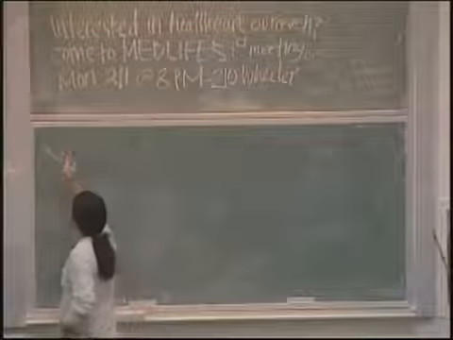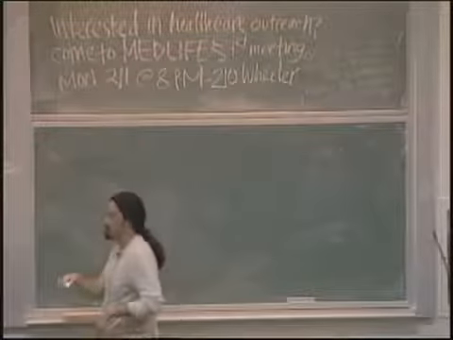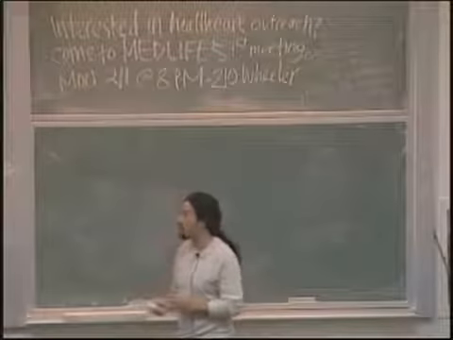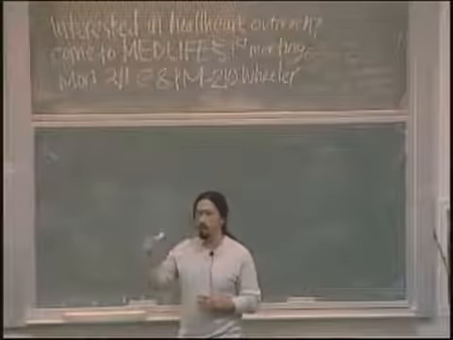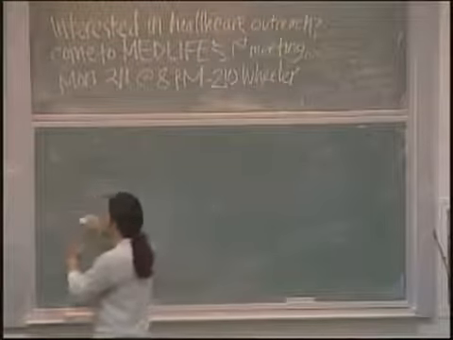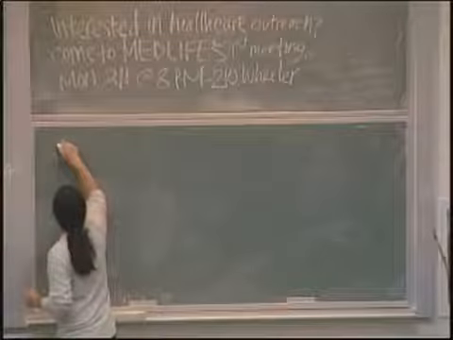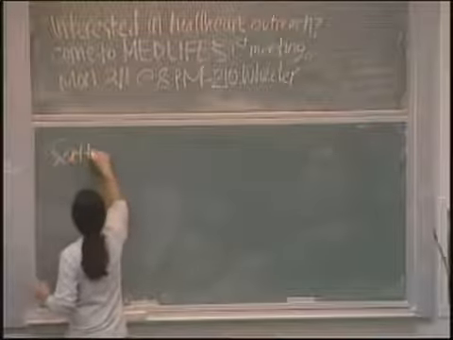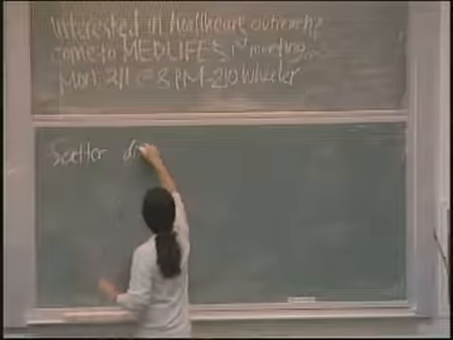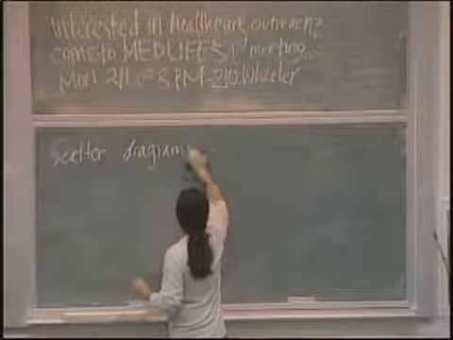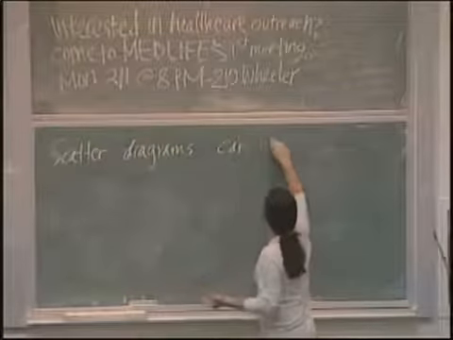So I'm going to say a little bit about what I mean by nice for a scatter diagram. I'll discuss this in more detail when we hit chapter 10 and chapter 11, but just as a rough idea, scatter diagrams can have different shapes.